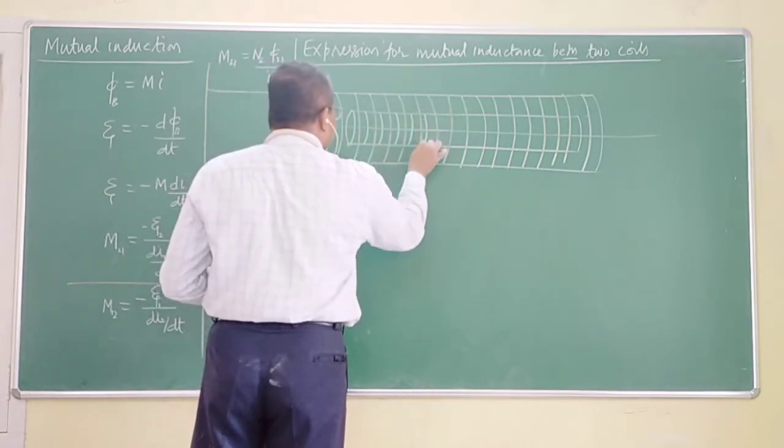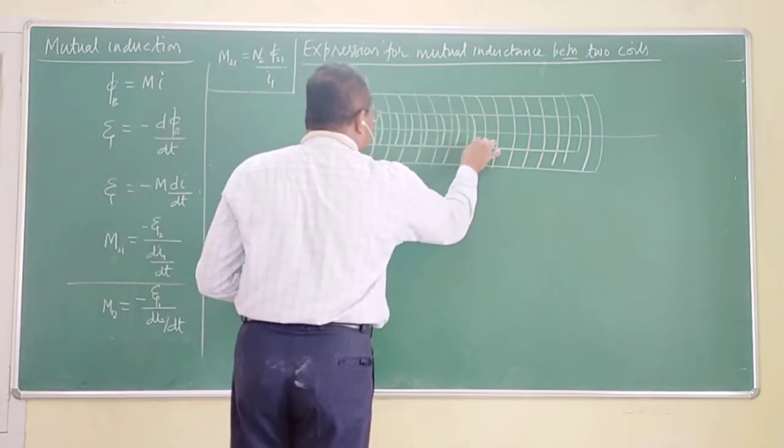These are the turns of the inner solenoid.